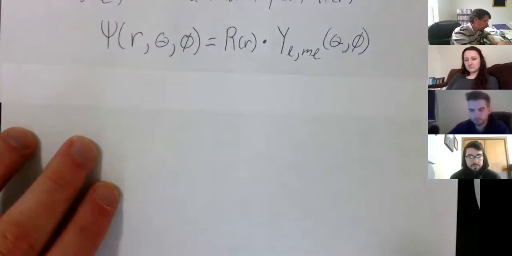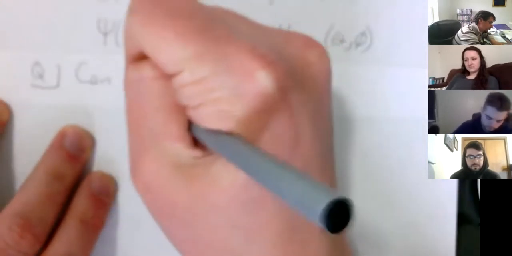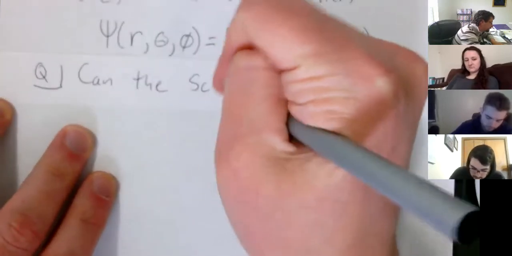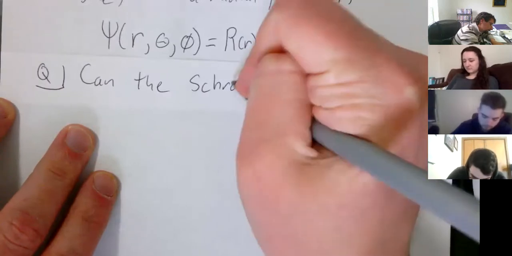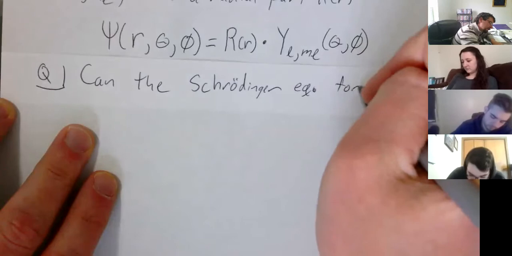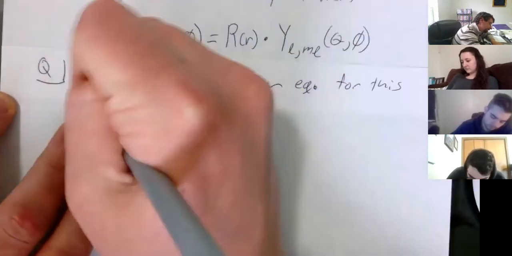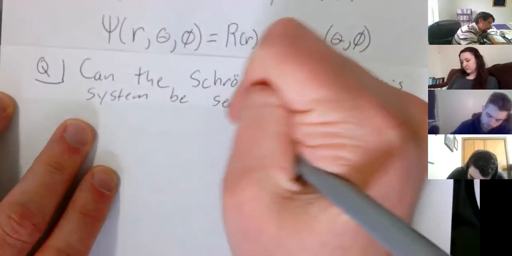So can we split the Schrodinger equation apart? Can the Schrodinger equation for this system be separated?